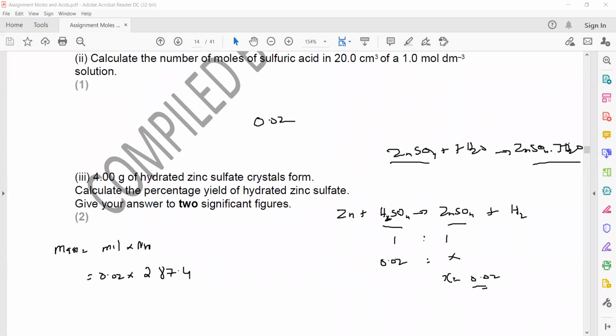This will give us the theoretical mass, which is 5.75 gram. And percentage yield uses the practical value. Practically we are getting 4, theoretically 5.75, times 100. So when we solve this, the percentage yield will come out as 70%.